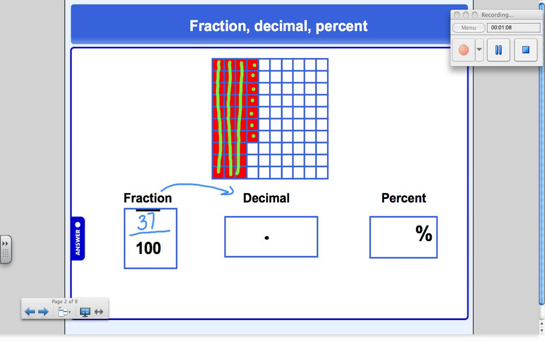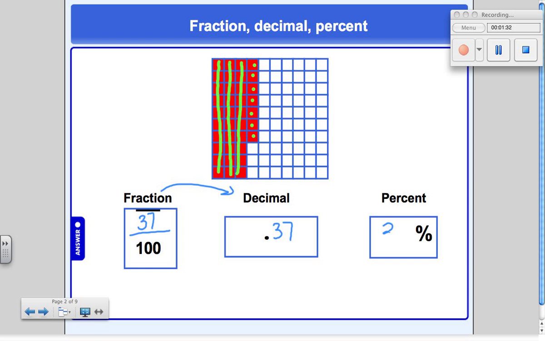Now, we know from changing fractions to decimals that 37 out of 100, 37 hundredths, is written behind the decimal because it's a fractional part, it's part of a whole, as this right here, 37 hundredths.